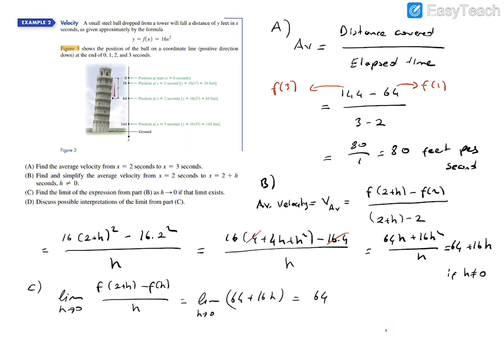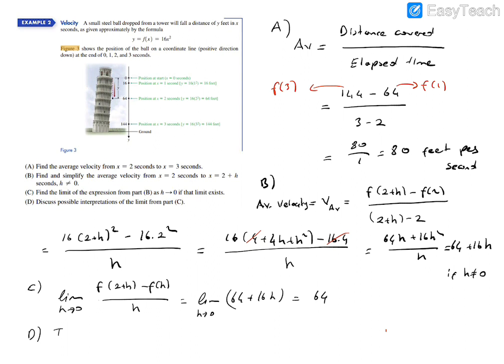So in part D, discuss the possible interpretation of the limit from part C. What we can say is that the average velocity over smaller and smaller time intervals approaches 64, because h goes to 0.